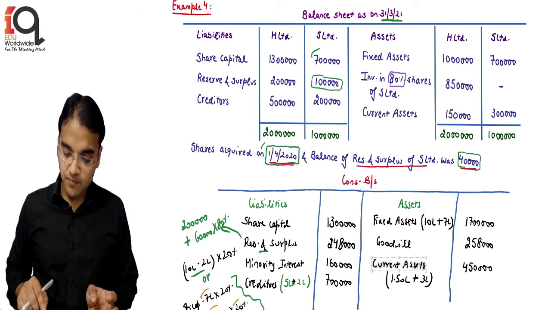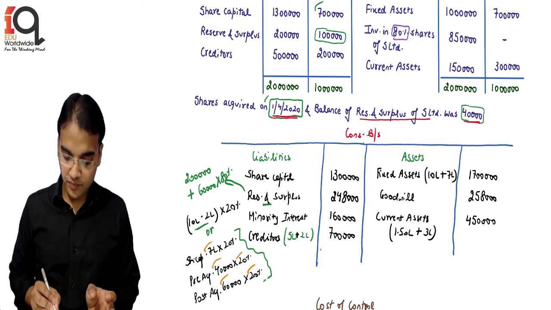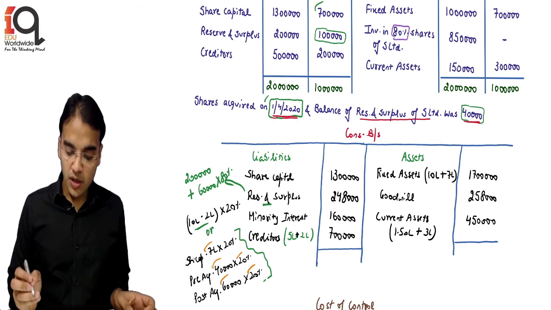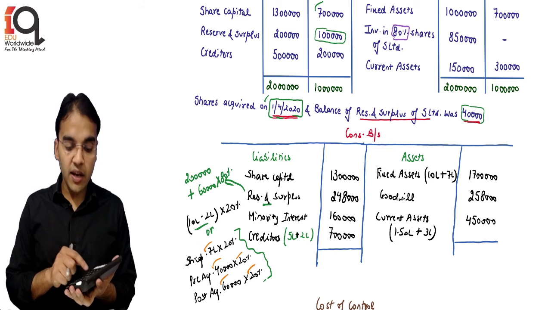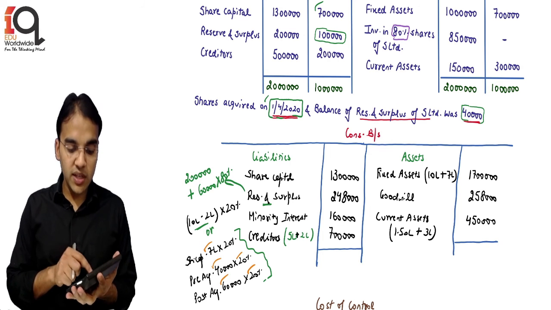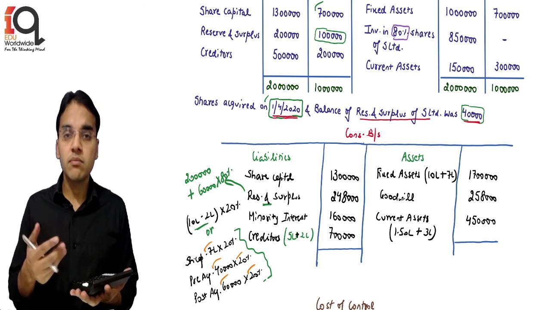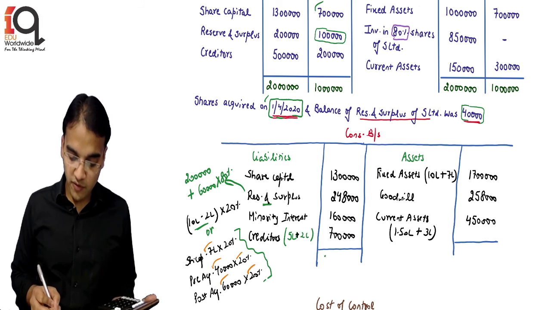Now if you will see, let us do the total of the balance sheet, student. And don't worry, I will explain each and everything again and again, students, so don't worry at all. Obviously this is something new, so at the beginning it seems to be a little bit difficult, okay, but it is a very easy chapter.